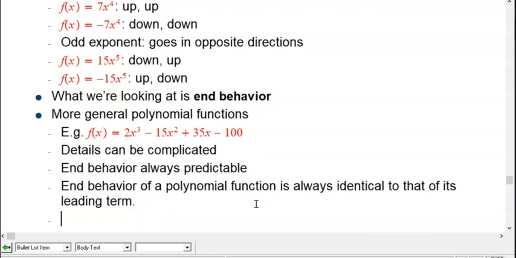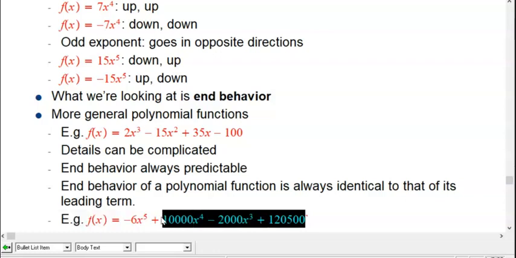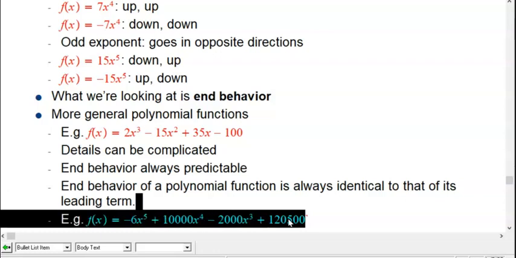Okay, so another example would be, let's say, f of x equals minus 6x to the fifth plus 10,000 x to the fourth minus 2,000 x cubed plus 120,500. When you've got small values of x, these guys are going to matter a lot, and it's going to be pretty complicated.